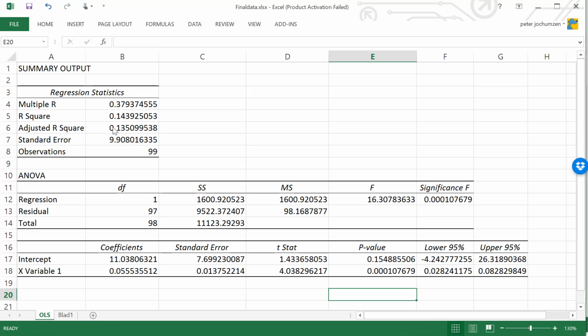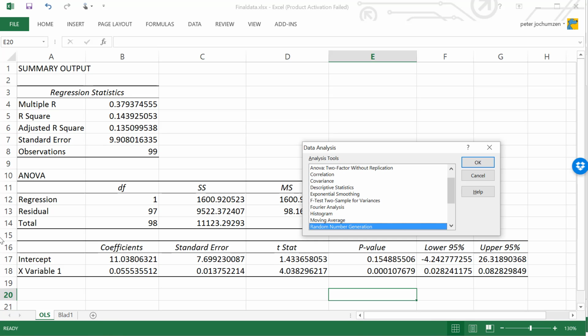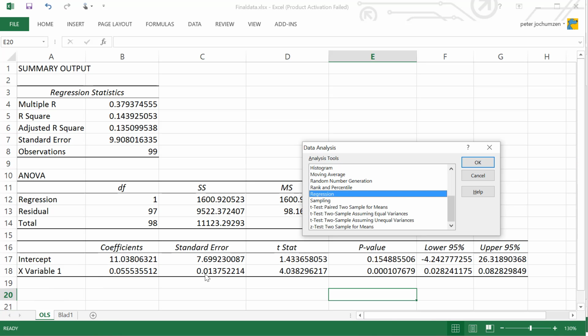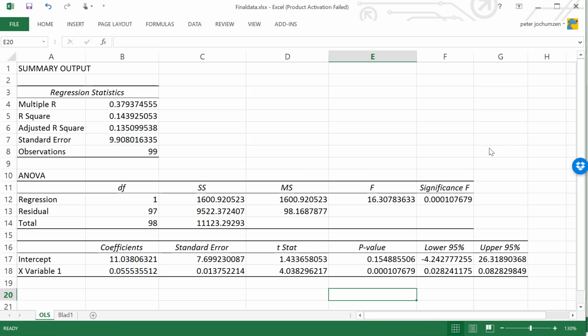If you use the Excel add-in, the data analysis and the regression tool as described in the hypothesis lecture, you can get more statistics even in Excel. So then you would actually get the 95% confidence interval of both beta 1 and beta 2.